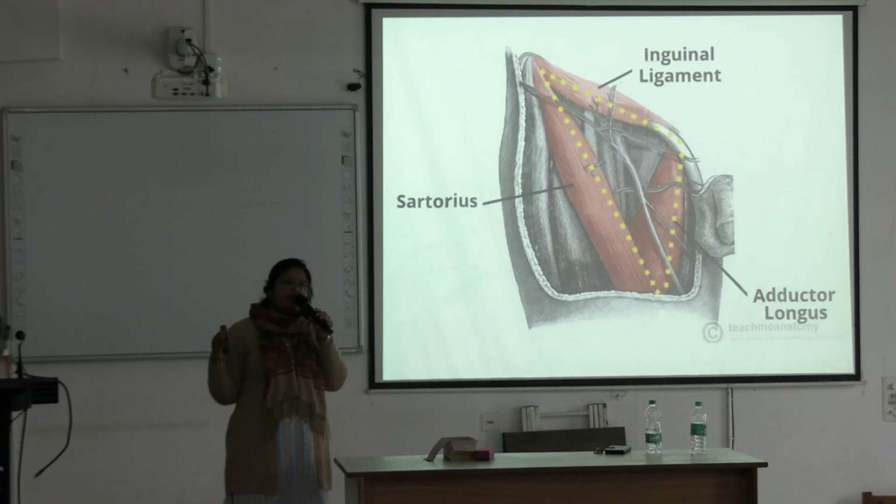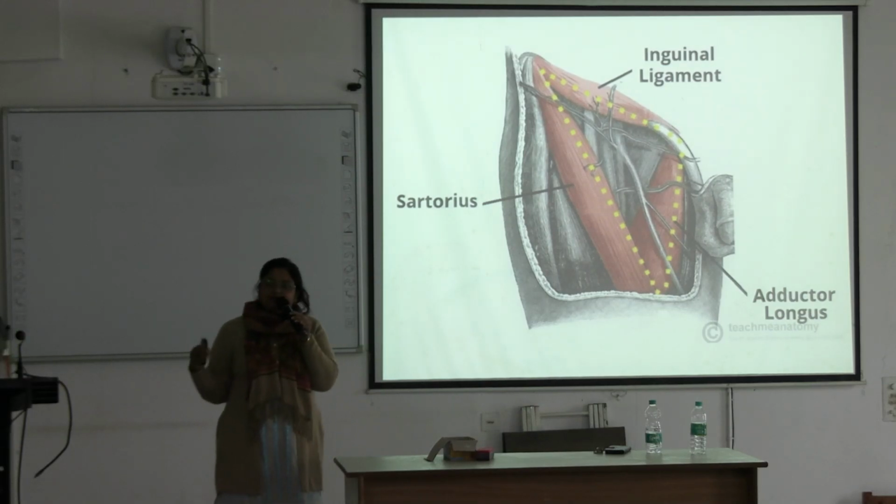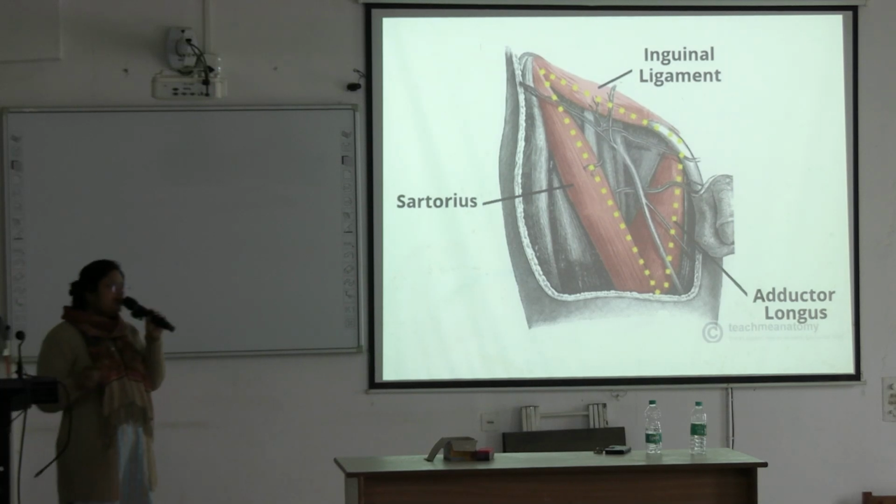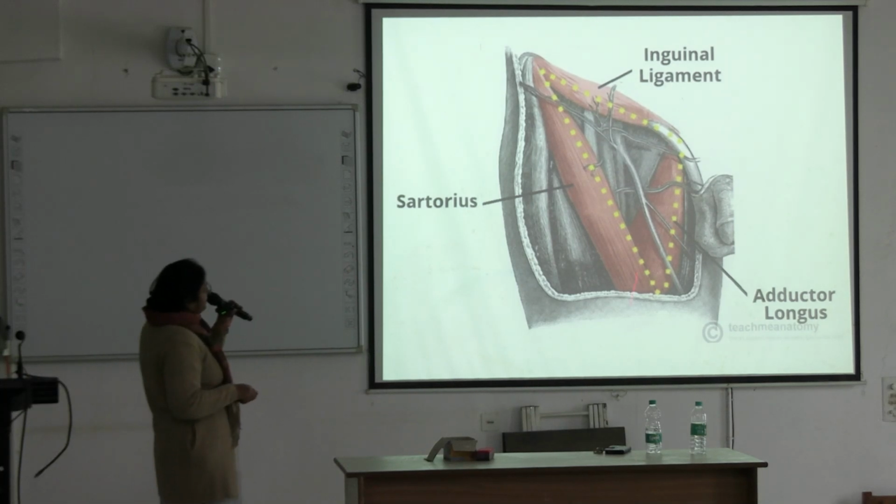Inguinal ligament is formed by the external oblique muscle, lower downturned part of the external oblique. Okay. And here is the adductor longus, medial border of the adductor longus, medial boundary, and medial border of the sartorius, lateral boundary. Here is the apex.